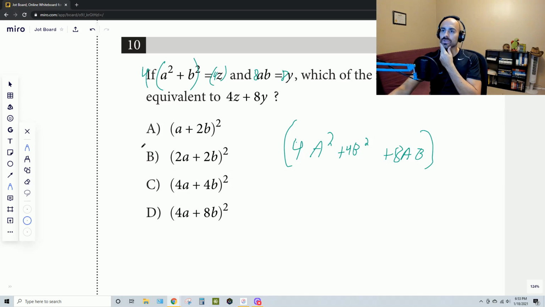And it turns out that if you FOIL out B, it will get you to the right answer. In regards to factoring, I wouldn't know if I want to necessarily factor out a 4 or anything like that, because really what I want to do is get these terms here. So really just FOILing out one of these until you get this answer here would do that for you.